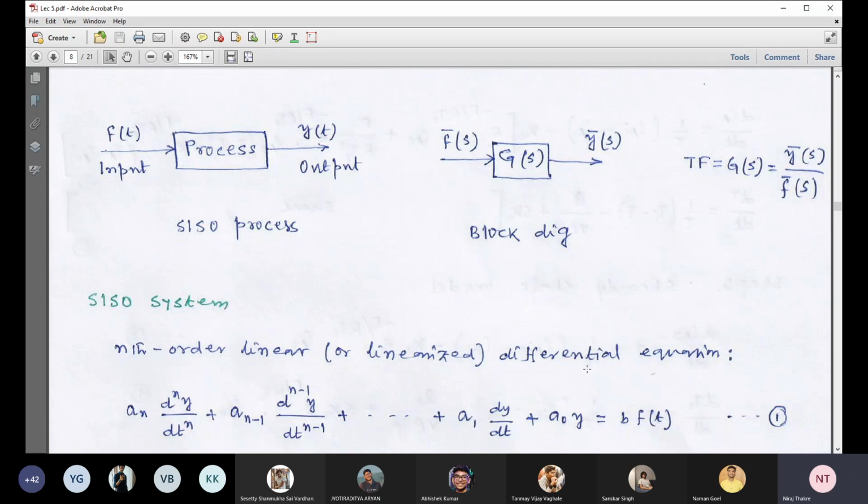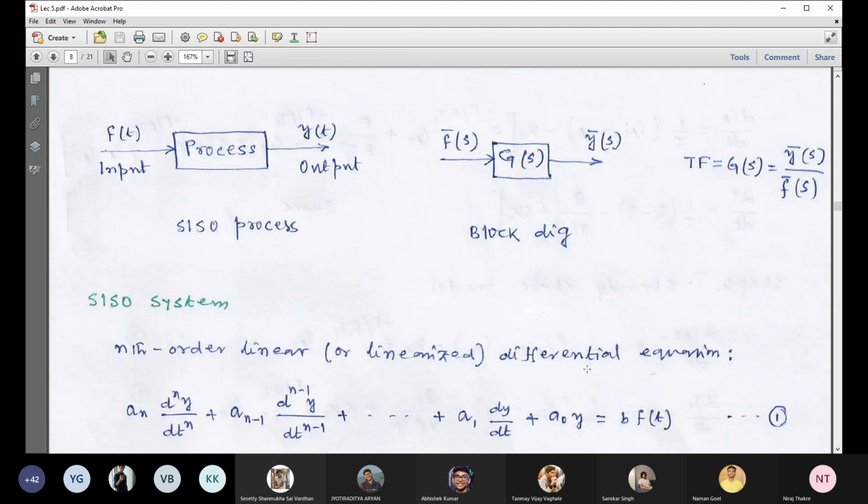Can anyone tell why this is a single input, single output system? Equation 1. Why is equation 1 the representation of a single input, single output system?